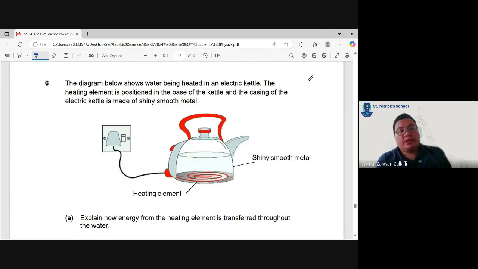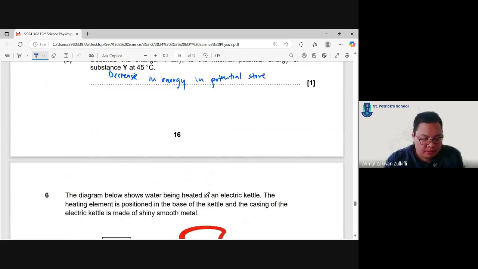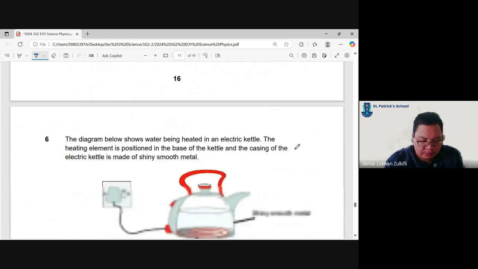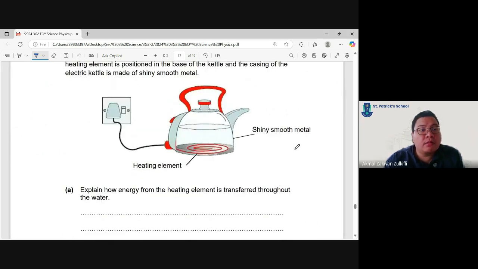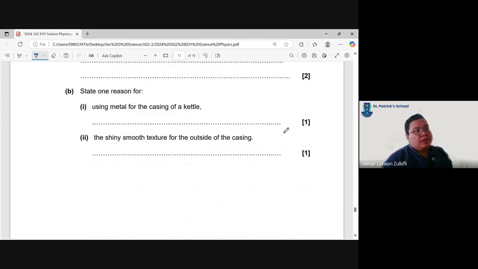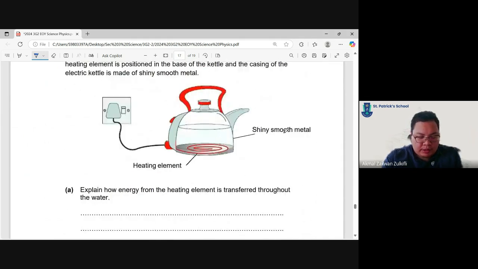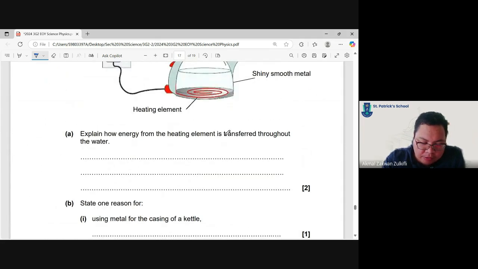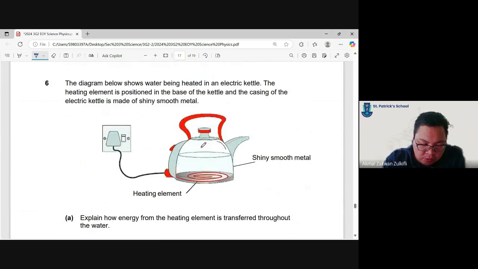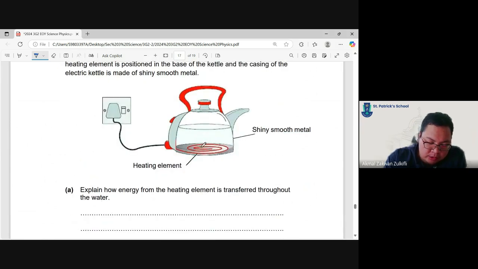Question 6. Explain how energy from the heating element is transferred throughout the water.